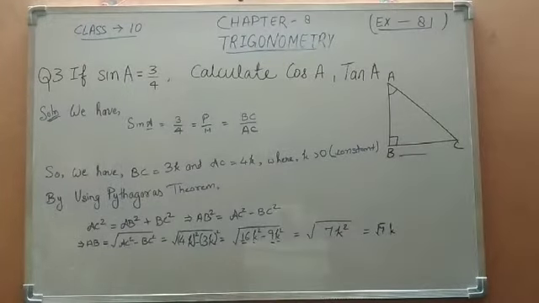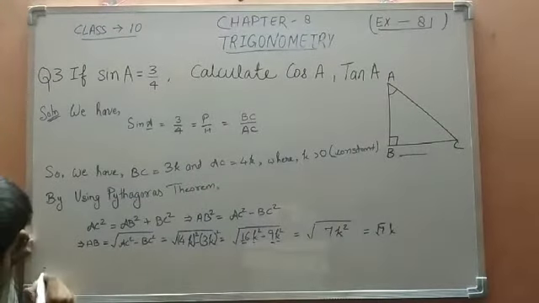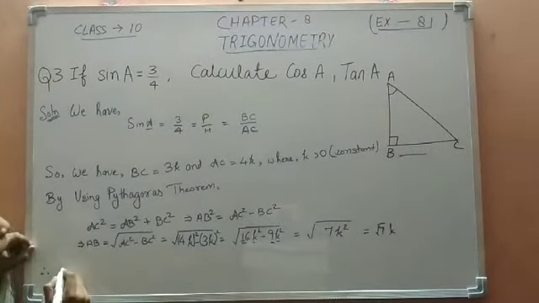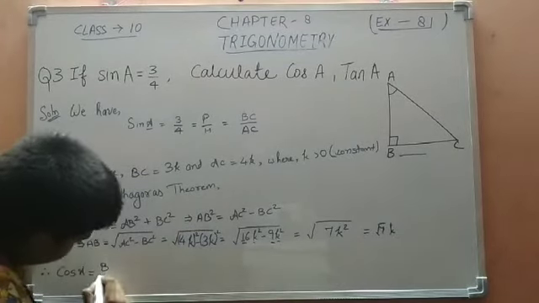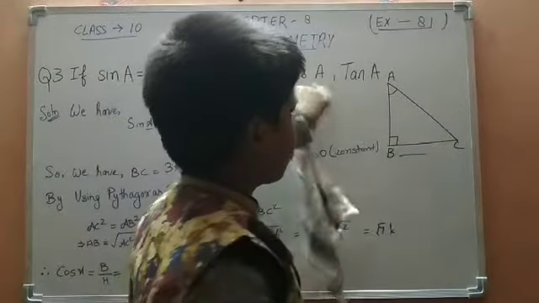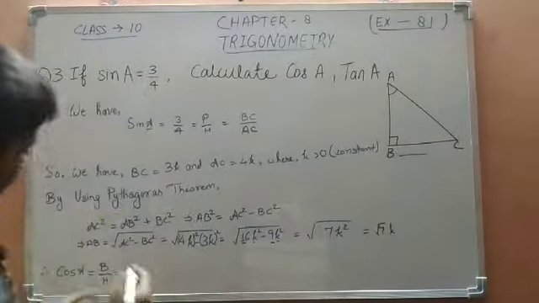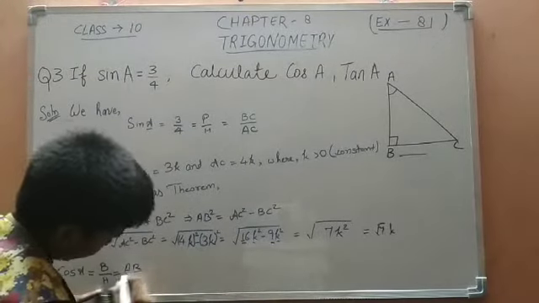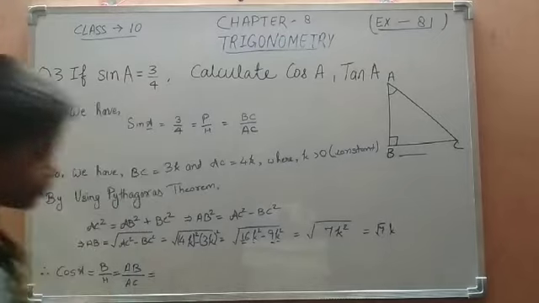Now, according to the question, we have to find cos A and tan A. So cos A is equal to B upon H. It is angle A, so for angle A, the base is AB and the hypotenuse is AC.